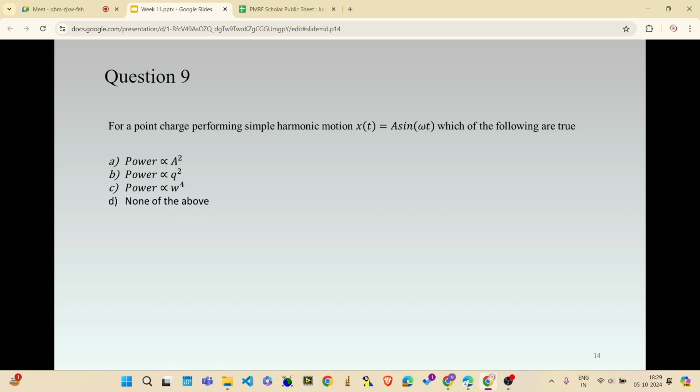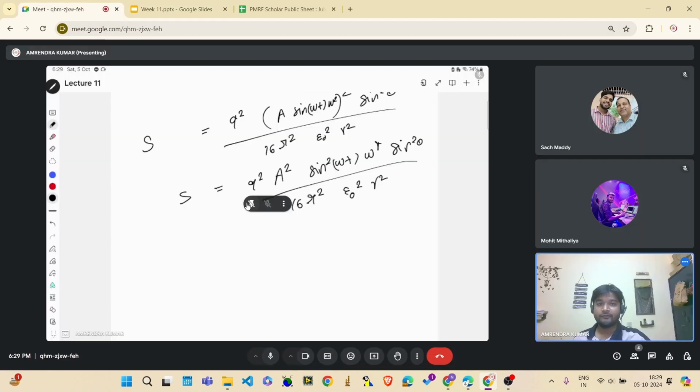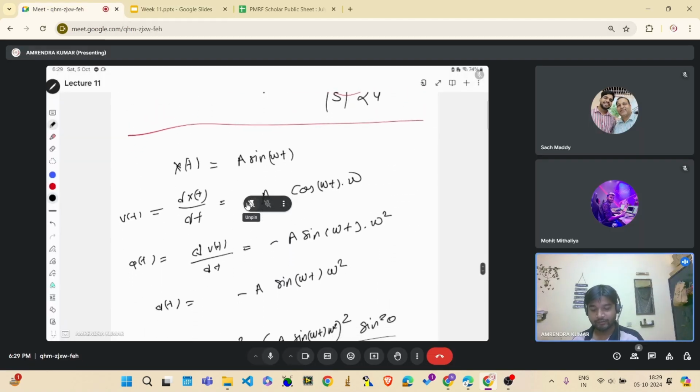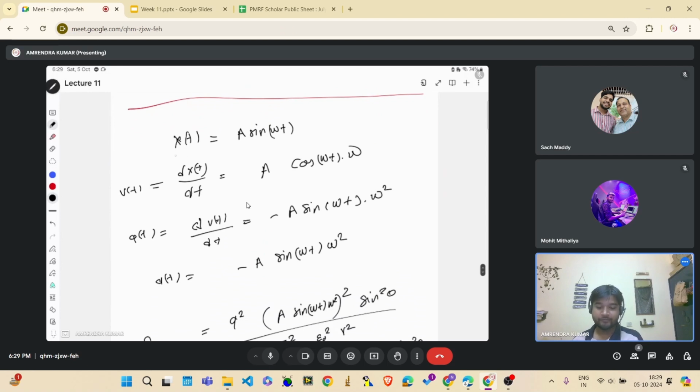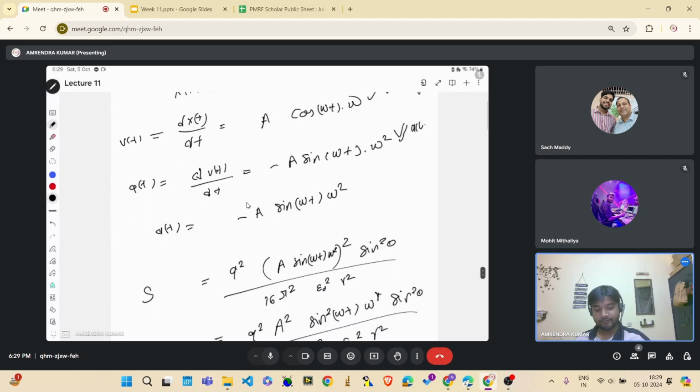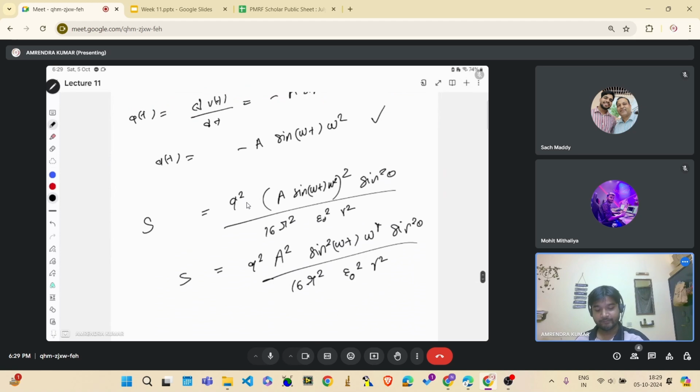So let me go back to this. First we have calculated the velocity. Then we have calculated the acceleration. So here is the acceleration. Then we put all this into the formula of this Poynting vector.